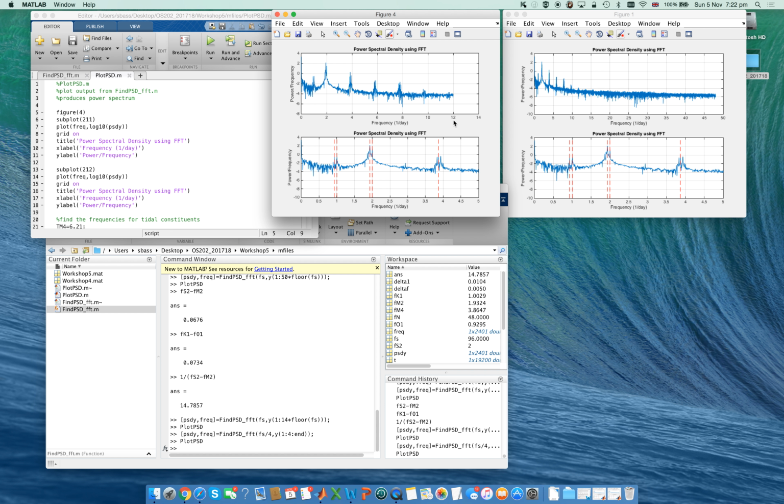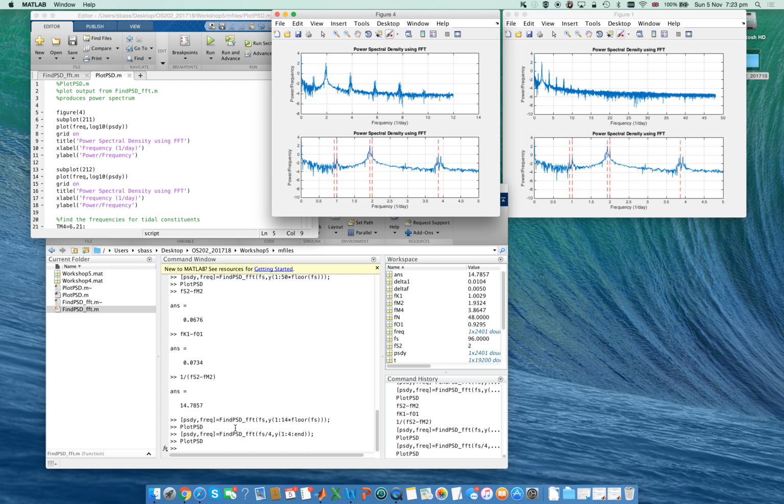Okay, and so what you can see then is that when we zoom in on the x-axis, we still have the same resolution. We can still resolve these peaks from the diurnal and semi-diurnal tides, and that's because they're all within the Nyquist frequency, which is 12.